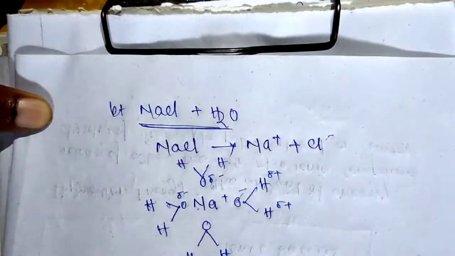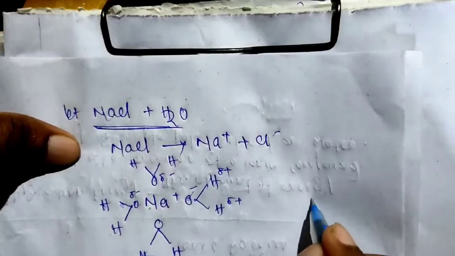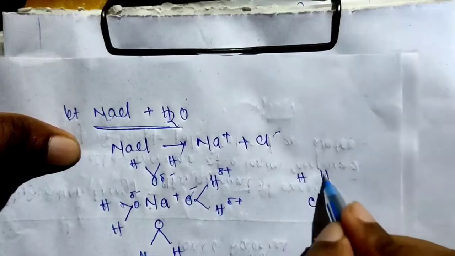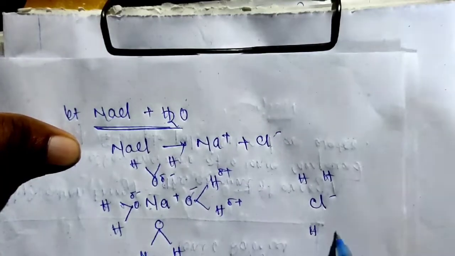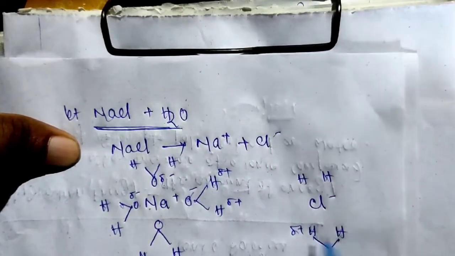Okay, similarly Cl minus ion is surrounded by H of water.